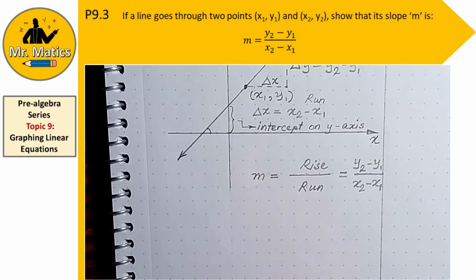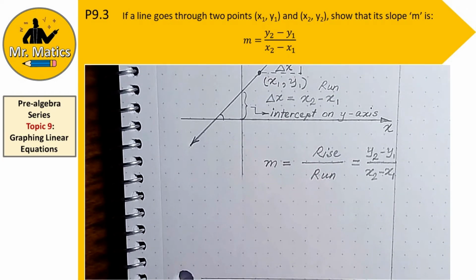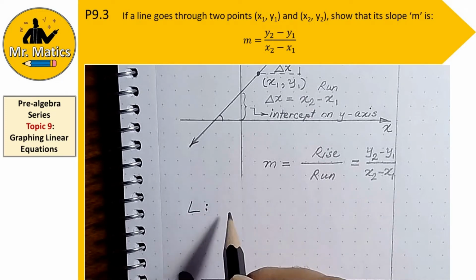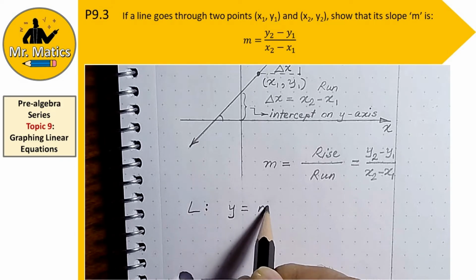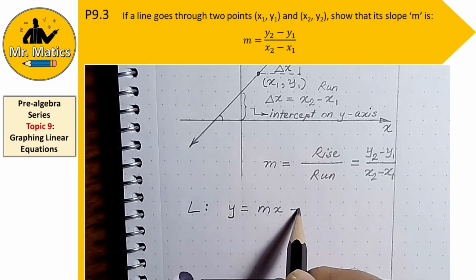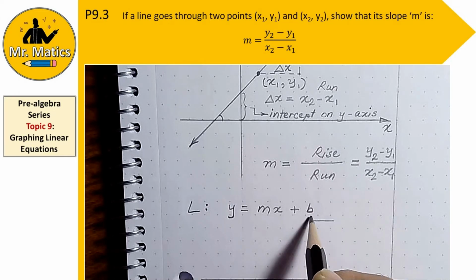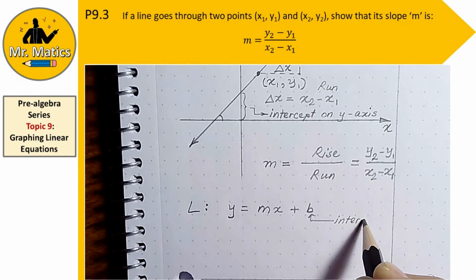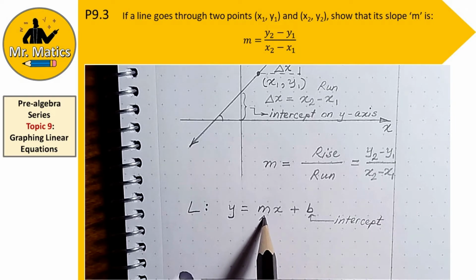Okay, and the equation of this line is generally written in this form: y equals mx plus b, where m is the slope. So this is the intercept, and this is the slope.